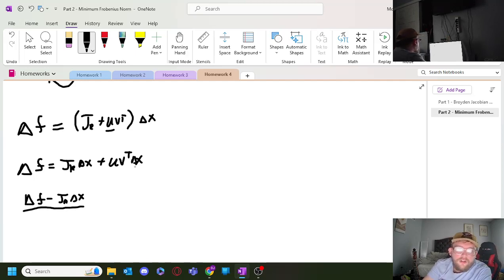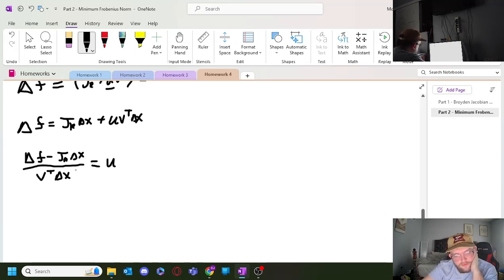And then, since v transpose multiplied by delta x is an inner product, that's just a scalar at that point, so we can divide by that, v transpose delta x. And that is our u. So we got that.